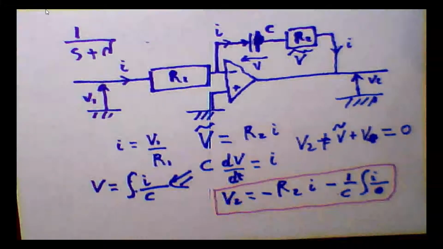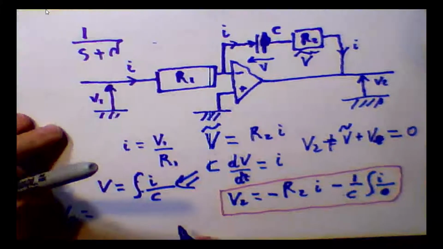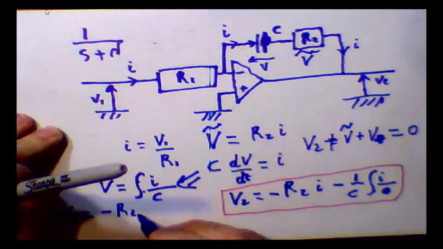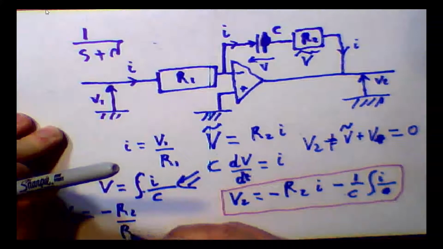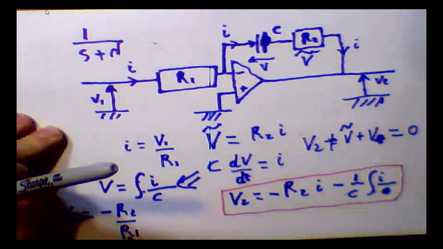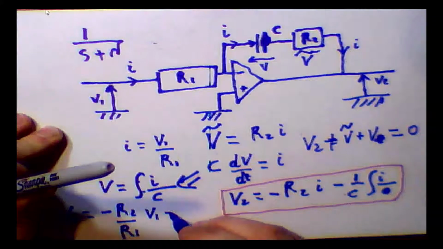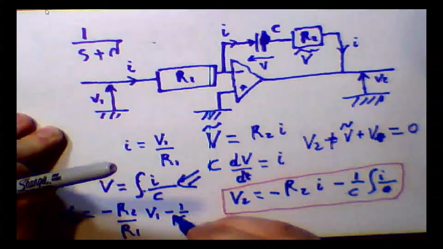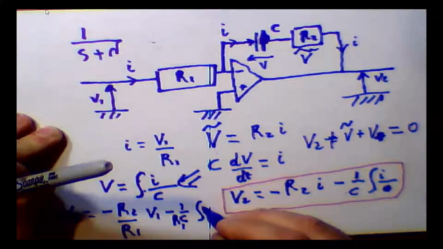We're almost done because V2 is therefore equal to minus R2 over R1 times V1 minus 1 over C times R1 times the integral of V1.